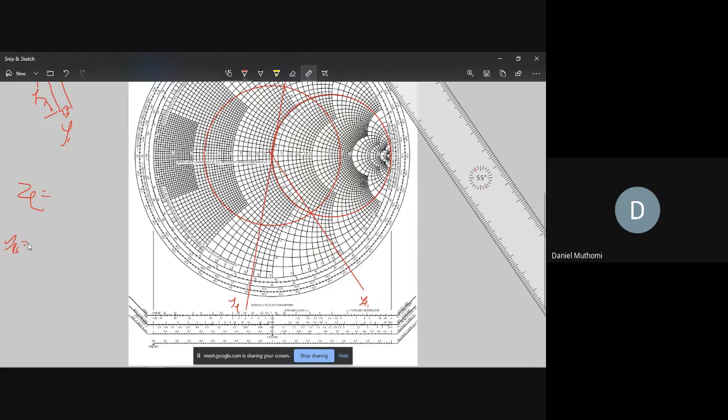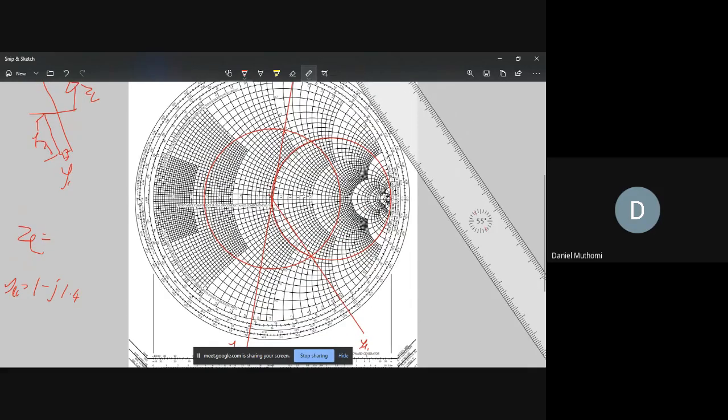L1 is equal to 1 minus, because it's on the lower half of our chart, minus 1.4, I believe, minus j1.4. So that's the first thing.